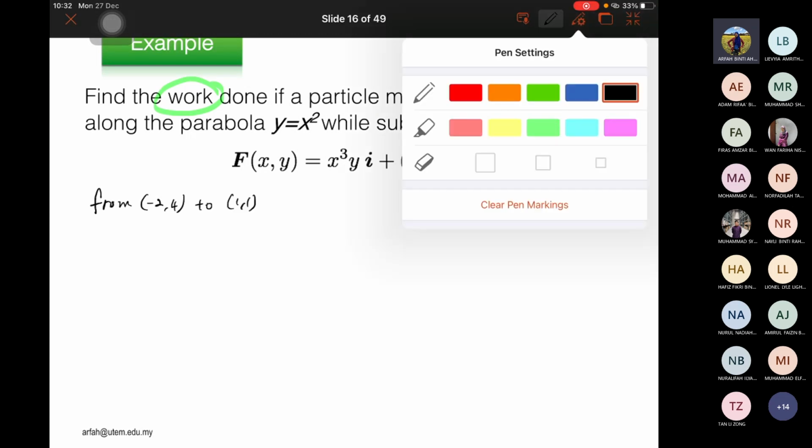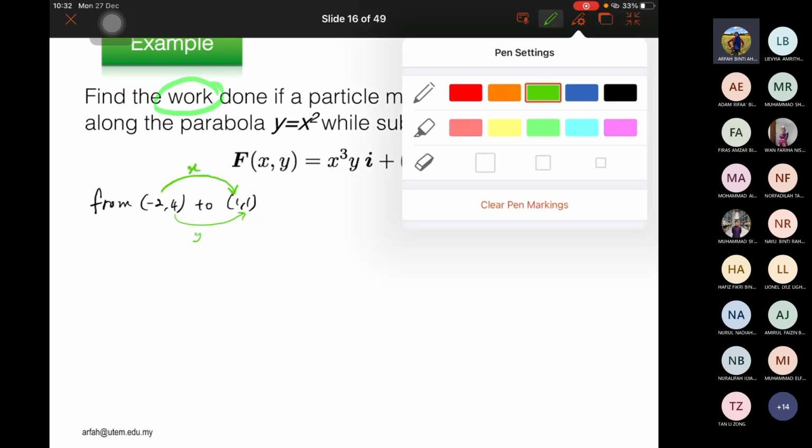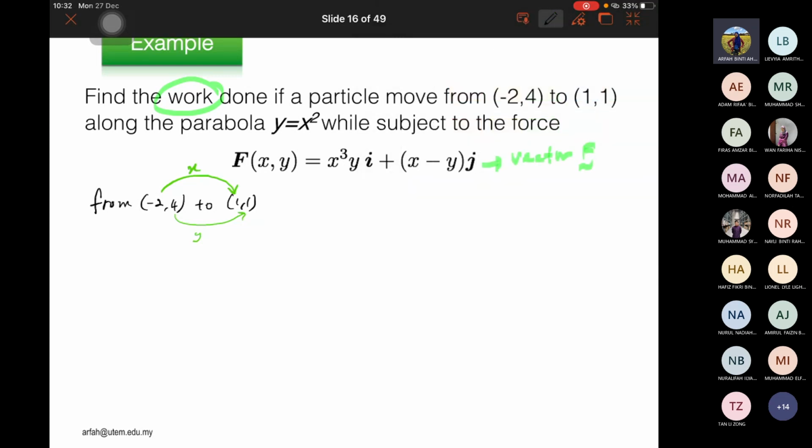That means this is your x, x from negative 2 to 1, and this is your y, y from 4 to 1. Okay. So we want to use the theorem of integration.